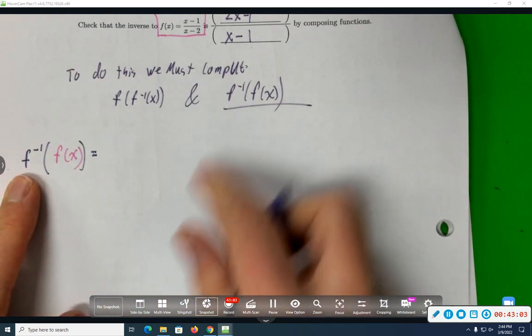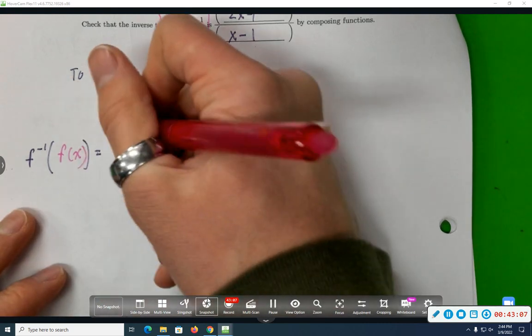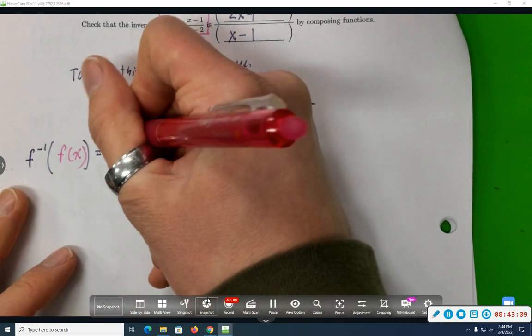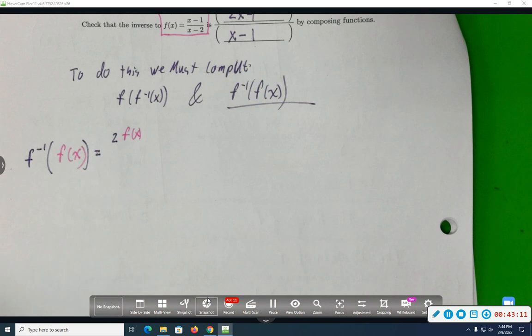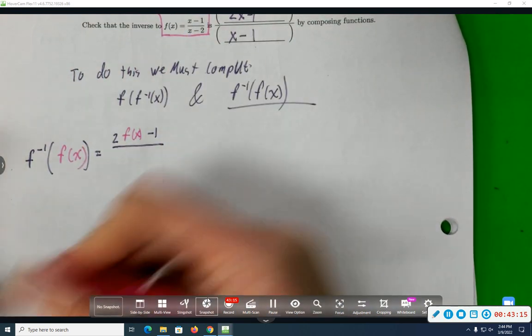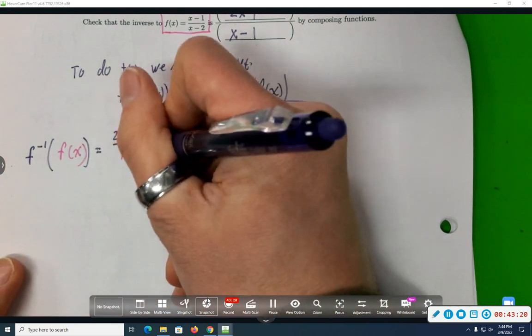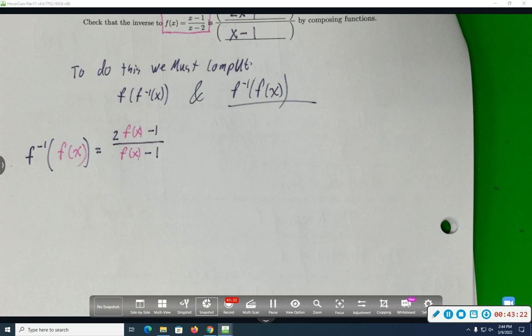So the formula for f inverse is in purple. That's 2 times x. So far, so good. Do I have a formula already for f of x?